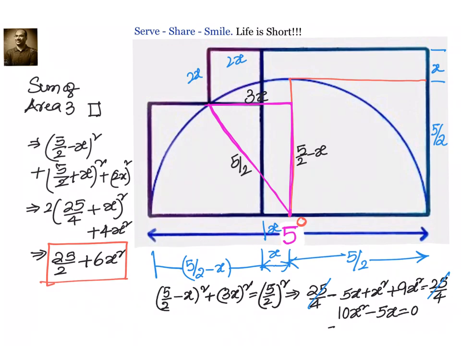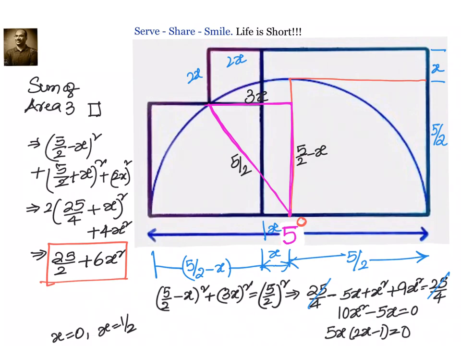That will give us 5x into (2x minus 1) equals 0. Now that will give us two solutions, one x equals 0, another x equals 1 by 2. When x equals 0, the side of this square will become 0. In the problem it is given that the side of a square cannot be 0, so 0 cannot be taken. The other option which is perfectly fine is x equals 1 by 2.